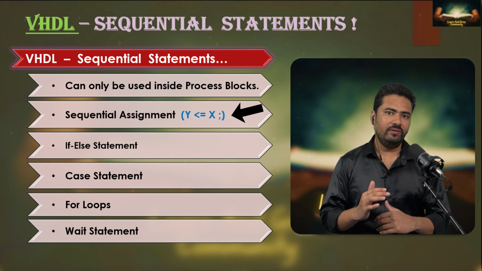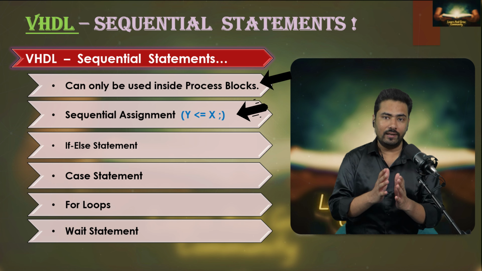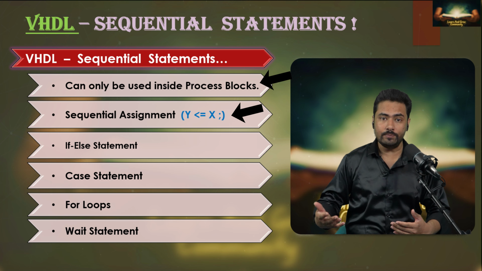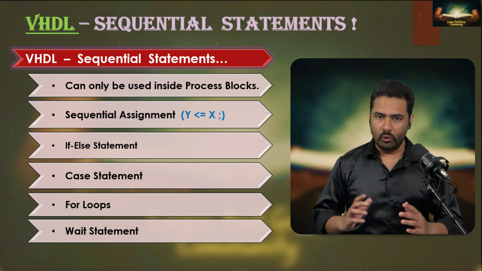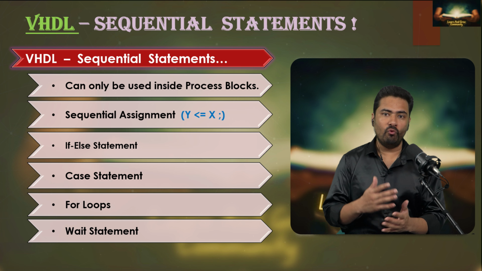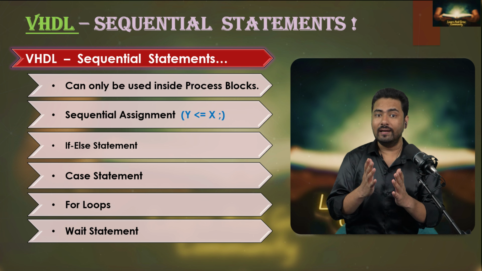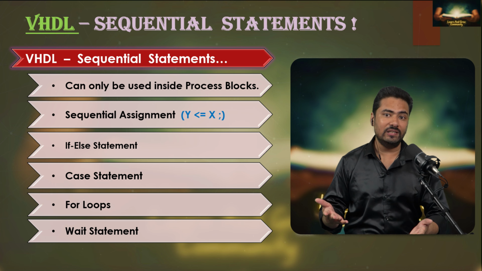This means if this statement is outside the process block, then it will execute concurrently. But if the same statement is inside the process block, then it will execute sequentially. Although you need to learn when you should use sequential execution and when you should use concurrent execution, because their use cases are very specific.